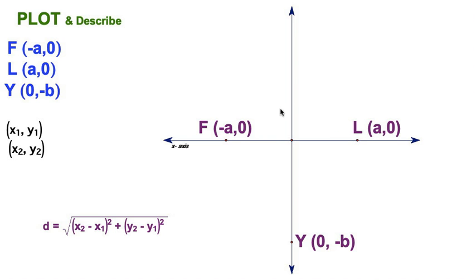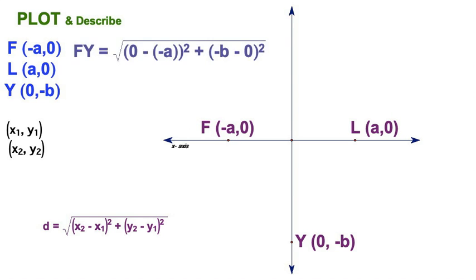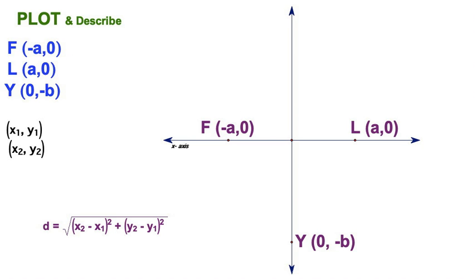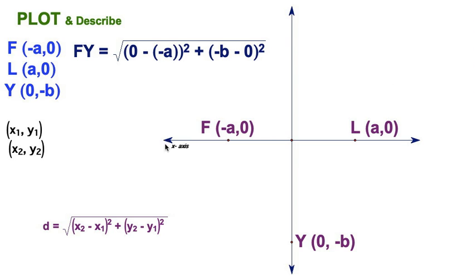Now you're probably guessing right away what we've got here, and then we're going to do a proof that's very similar to this. If I want to know the distance FY, from F to Y, I'm going to use the distance formula, with x1, y1, x2, y2.